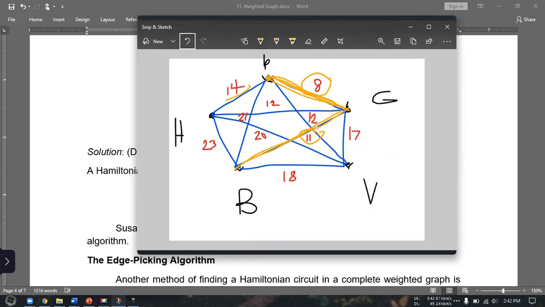And then bank to home, that is 23 minutes. Bank to video rental, that is 18 minutes. So which edge should we be traveling? We have 14, 12, 18, 23.